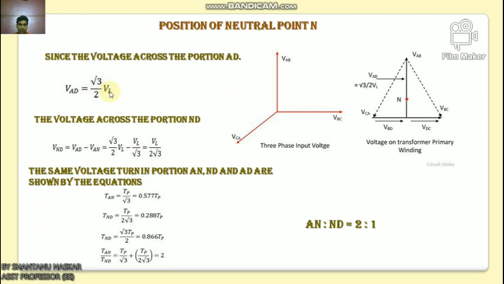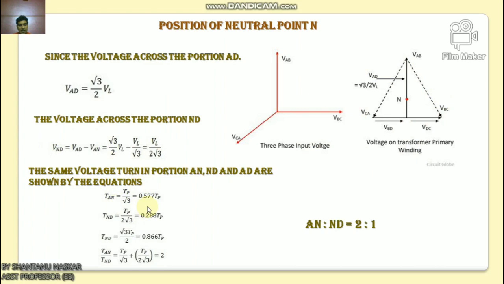So we can also write for ND, the voltage across the portion ND, VND equals VAD minus VAN, equals root 3 by 2 VL minus VL by root 3, which is VL by 2 root 3. So the same voltage per turn in portions AN, ND and AD is shown by the equation.